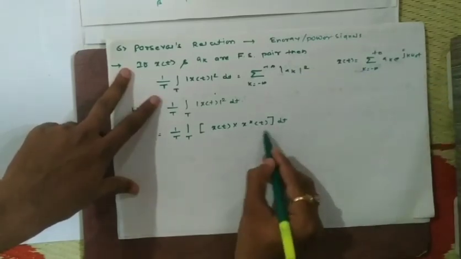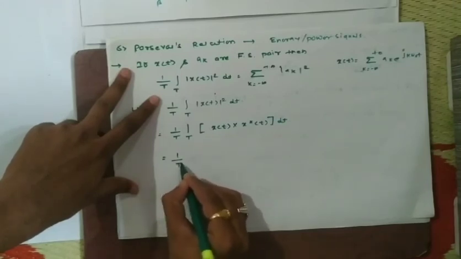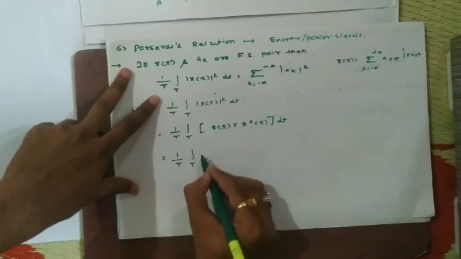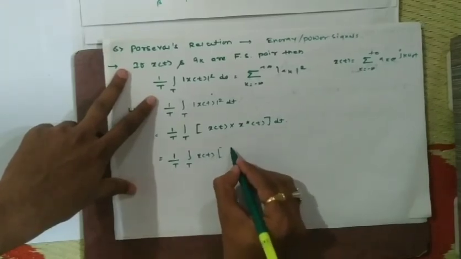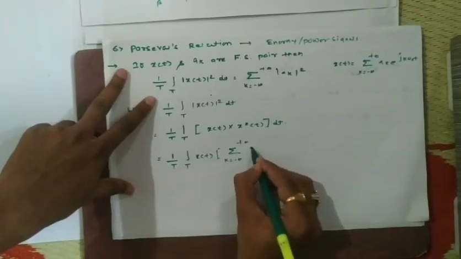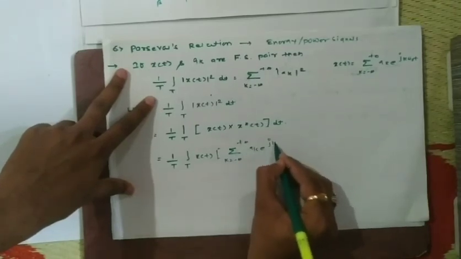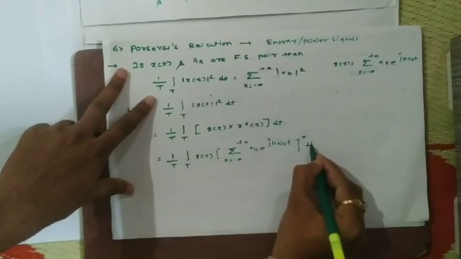I will adjust it with x complex of t. So this becomes 1 upon T integral as it is. The first term we will keep as it is, x of t into x complex of t. So this becomes summation, with the k term as it is, a_k exponential and its whole complex, into dt.